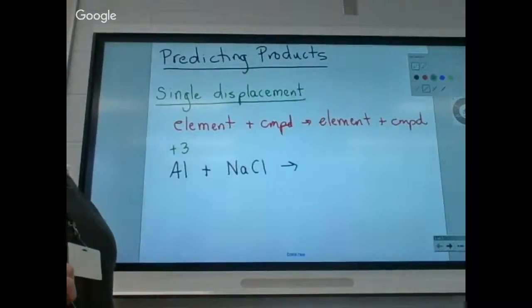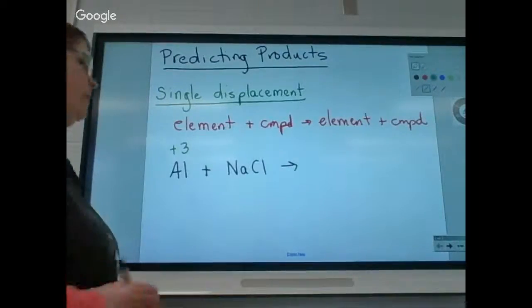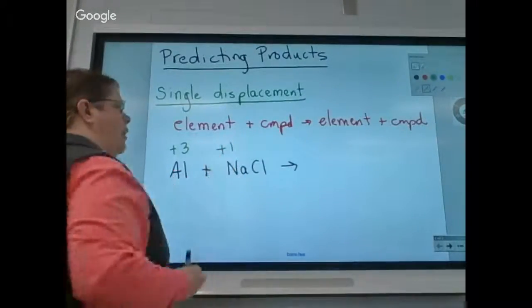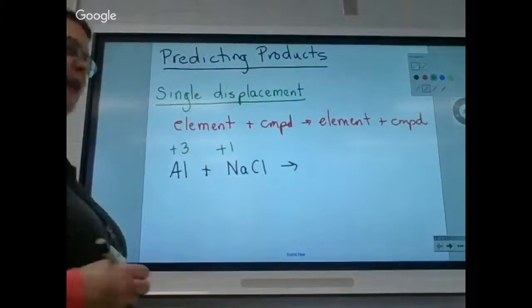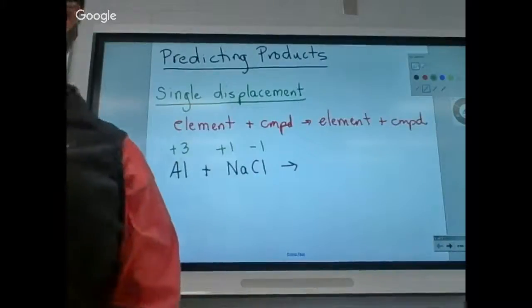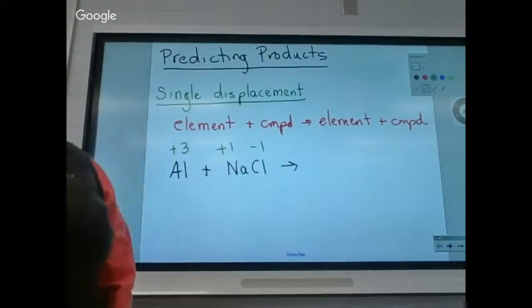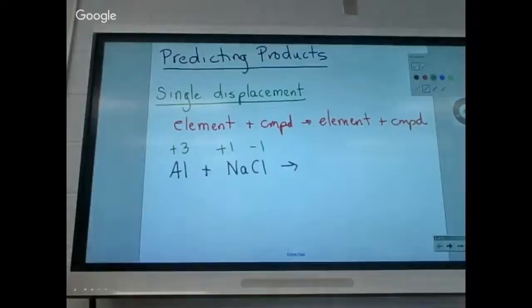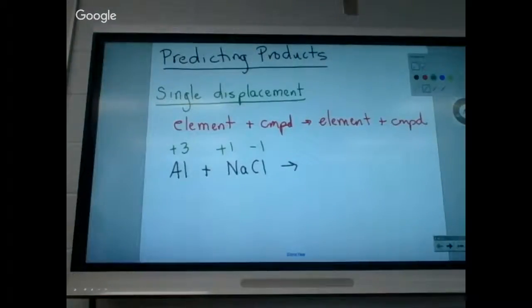Positive 1. All right, and what is chlorine? Negative 1. Now, notice that even though y'all yelled out numbers, I put on the positive and the negative. All right, because for predicting products, we have to know the positive and the negative oxidation numbers.